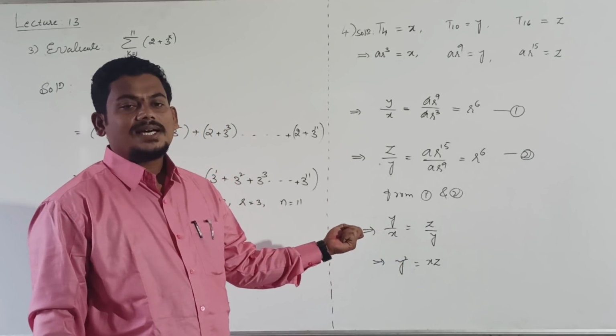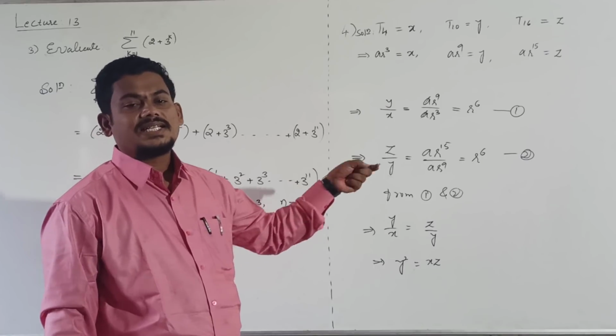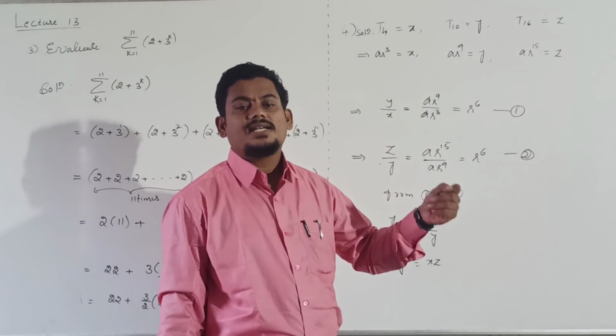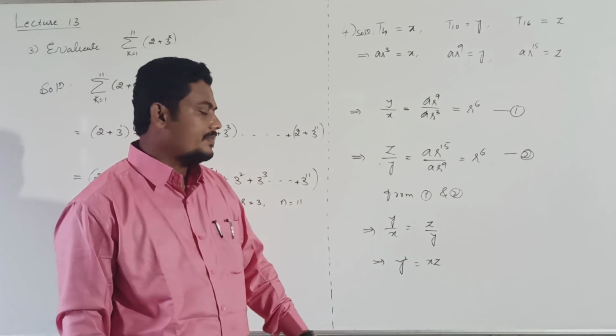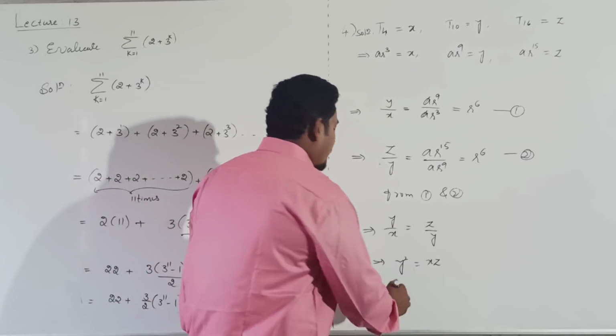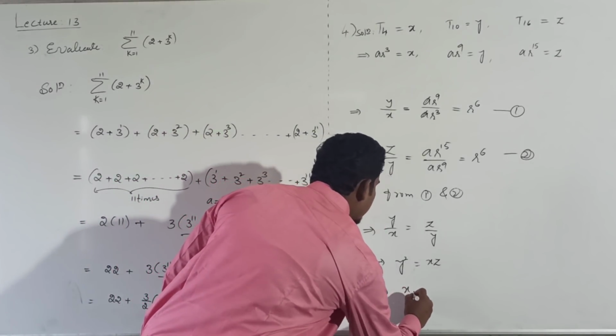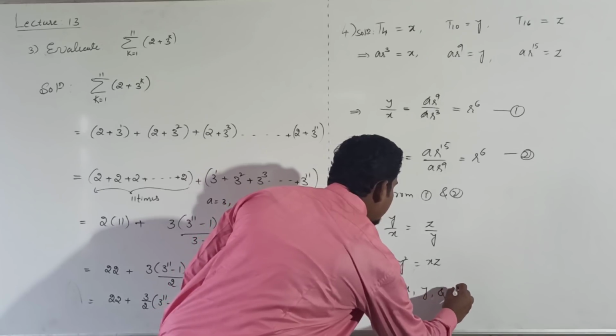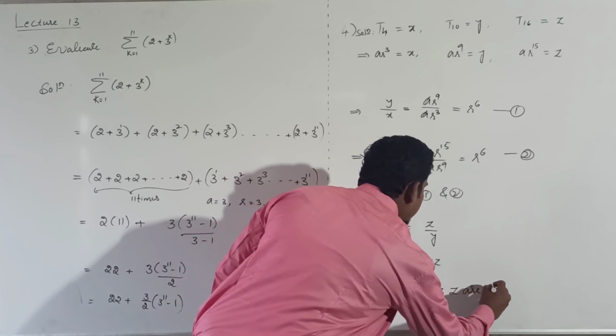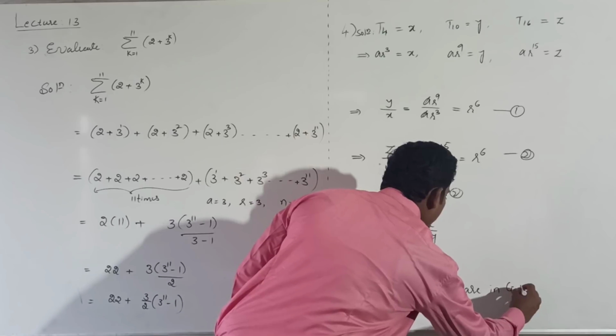Square of the middle term is equal to the product of the first and last, meaning first and third term, then clearly the three numbers are in GP. So x, y and z are in GP.